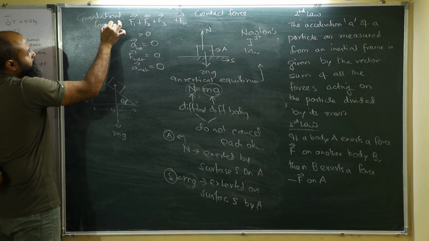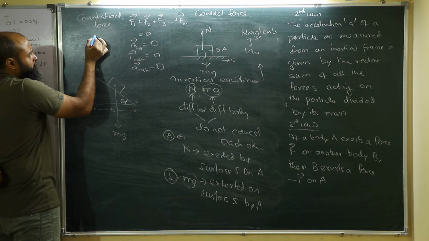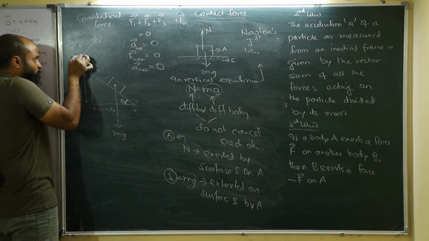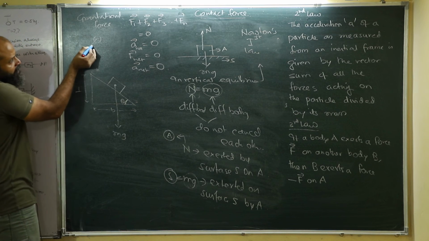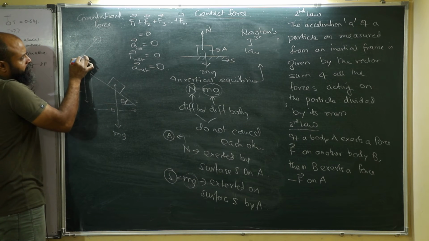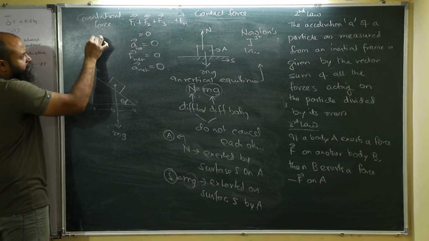And what we mean by gravitational force, irrespective of whether the body is in contact with earth or not, is that it will always be directed towards the center of the earth. So this will always be perpendicular to the surface of the earth. This is the center of earth, this is the center of the body.